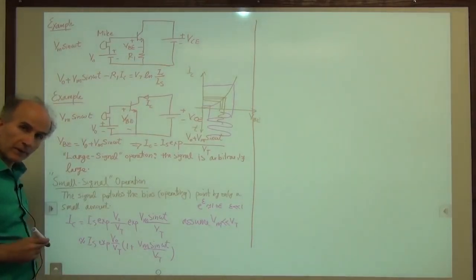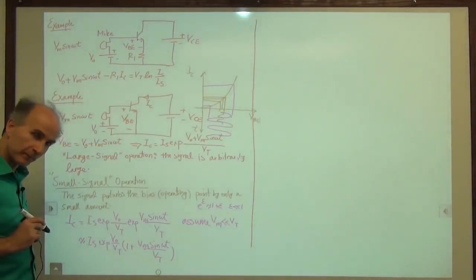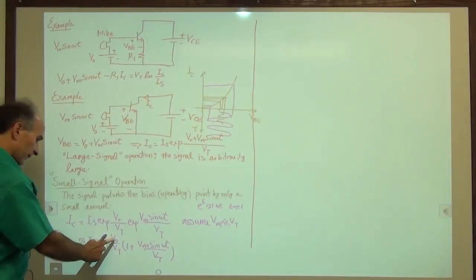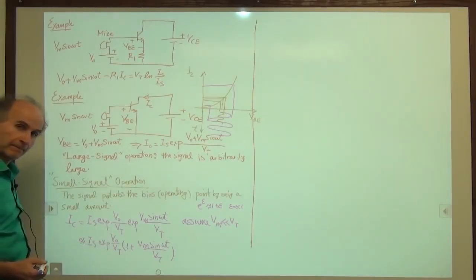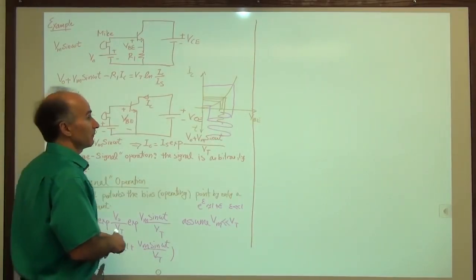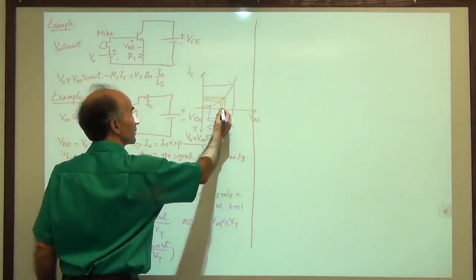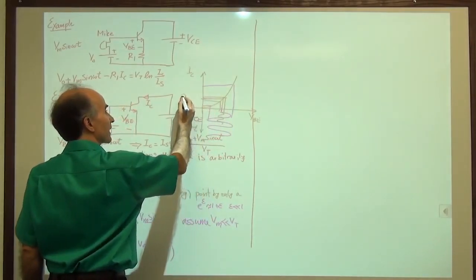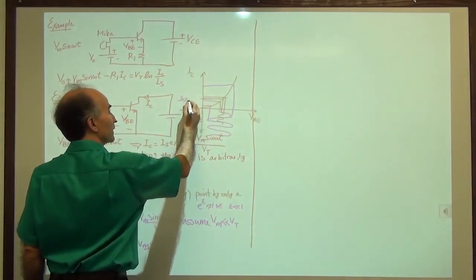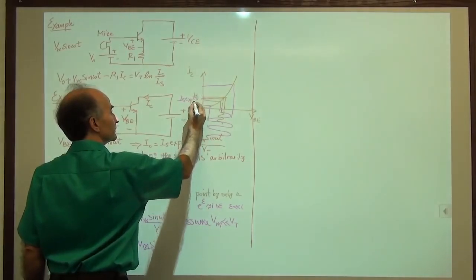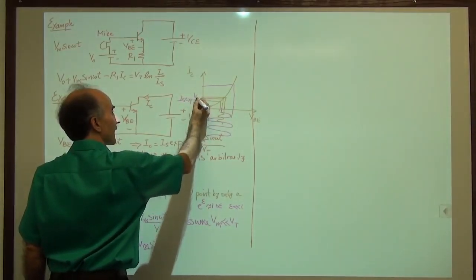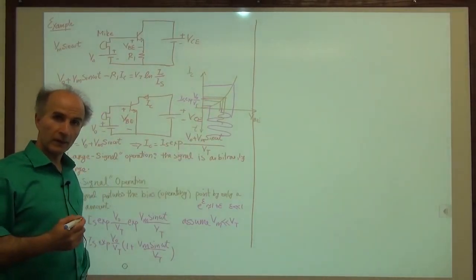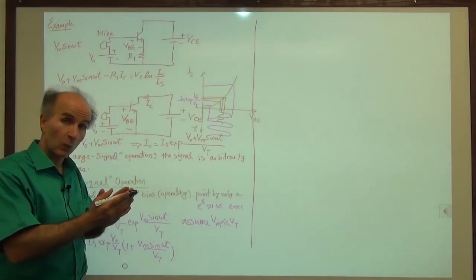So where am I going with all of this? Well, hang in there, we'll see. Okay, what is IS exp of V0 over Vt? V0 is here, remember, the bias value. We have IS exp of V0 over Vt. So, in fact, this term is the bias current of the transistor, the collector current the transistor carries when there is no signal.